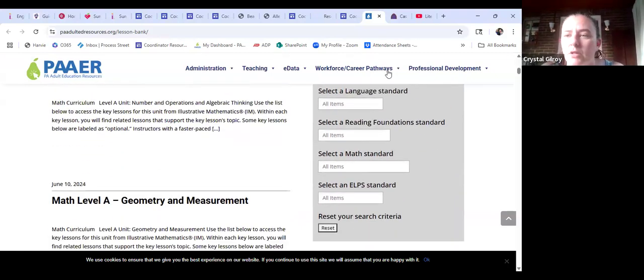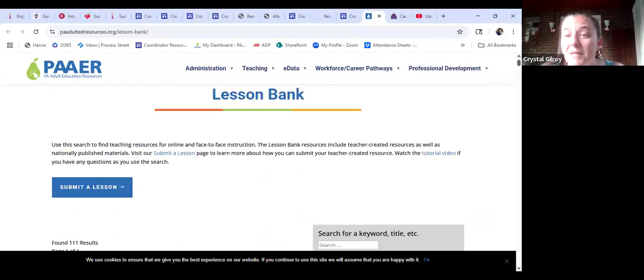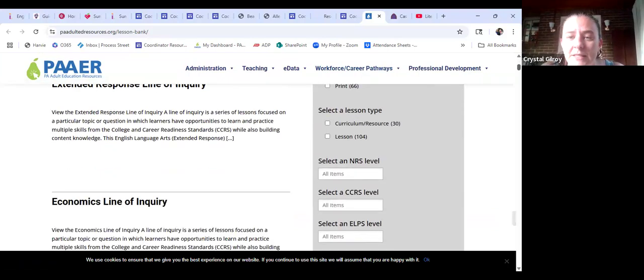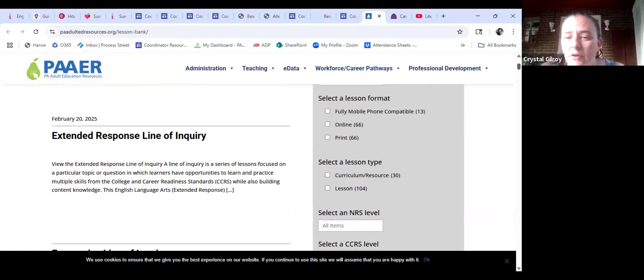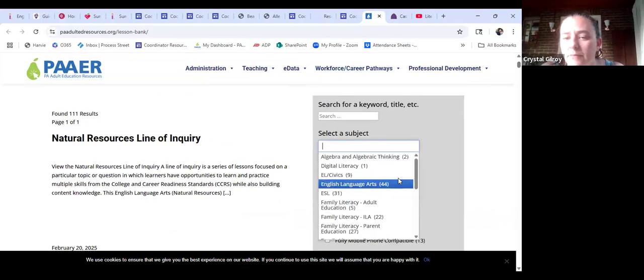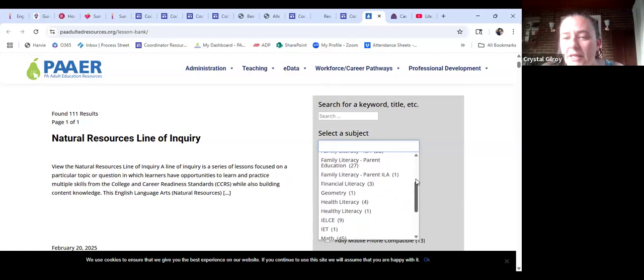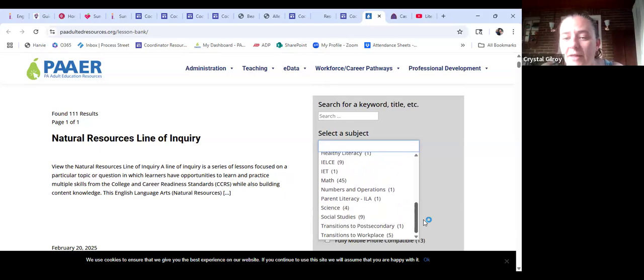So if you look in the lesson banks, and you can submit a lesson, but they have them in a lot of different categories. So you can pick the formats, you can do a search, you can pick a subject. If you see, they have ELL here, they have family lit, they have health literacy, they have math.